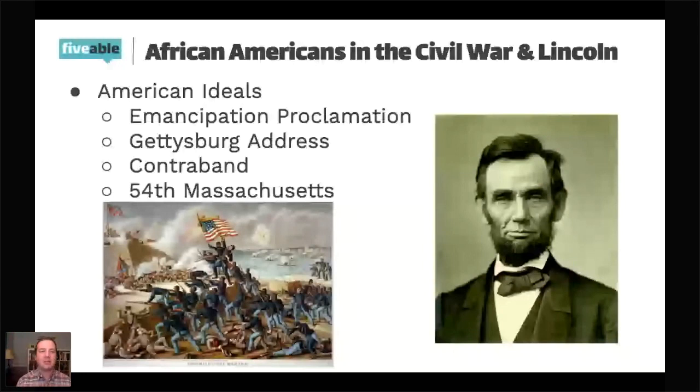There aren't any blacks that fight for the Confederacy, but there are lots of blacks who fight for the Union, which makes a lot of sense, to free themselves, to free their families, to be able to end slavery, especially after the Emancipation Proclamation allows black people to join the United States Armed Forces. Still in segregated units, still a ways to go. That'll last for another 100 years or so. But the 54th Massachusetts is one of the most famous examples of African Americans fighting for their rights during this time. I'd be familiar with that a little bit.